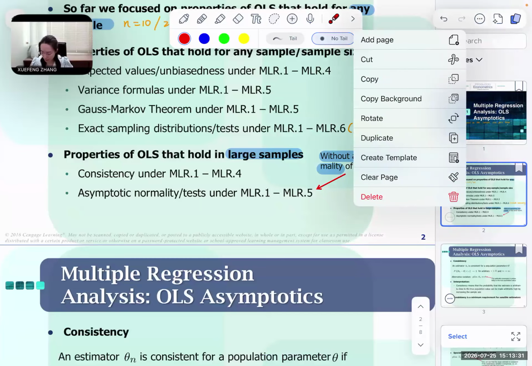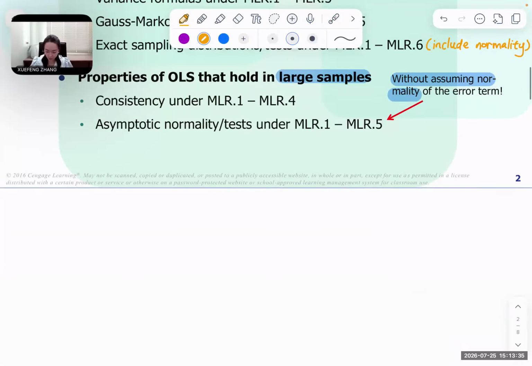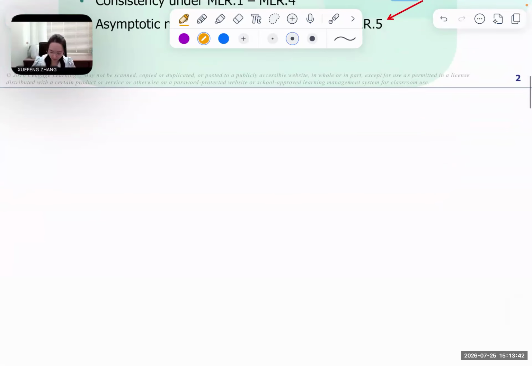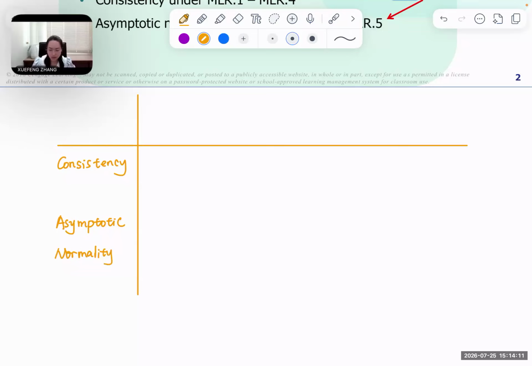Okay, let me add one page to show you the difference between consistency and asymptotic normality, what they mean, and what is the key law behind each.